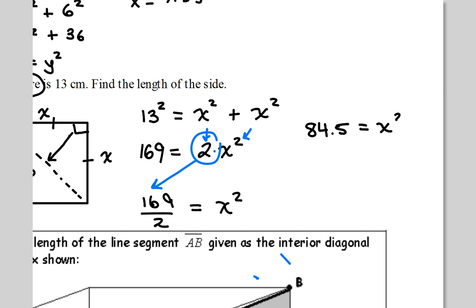And now we can do the opposite of squaring, which is square root both sides. I got 9.19 about.